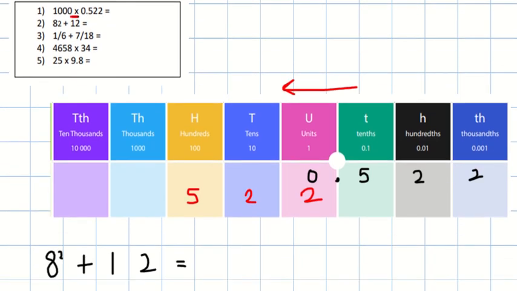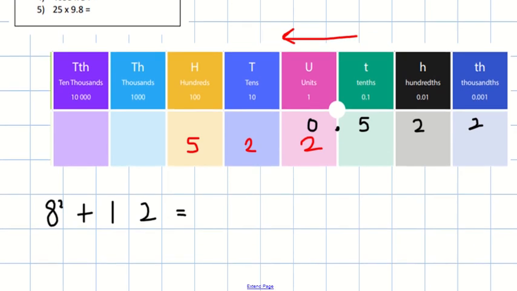Okay, question number 2 then. 8 squared add 12. What does 8 squared mean, Year 6? Well done. 8 squared is 8 times 8, which equals 64.